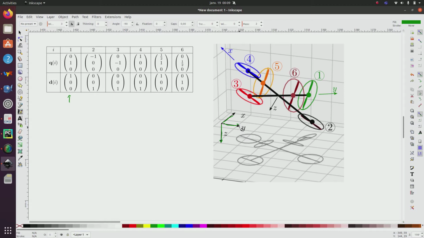As we consider, for instance, the first propeller, we can see the shadow here, so we can understand how it is oriented. What we can see is that, due to the direction, it will yield a force in the direction of x here.